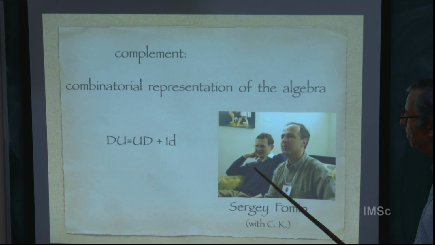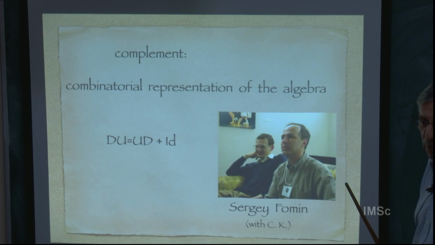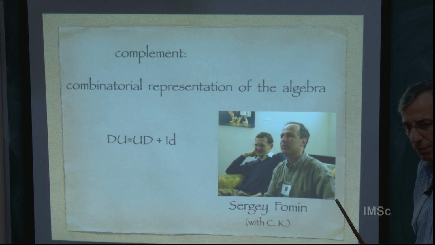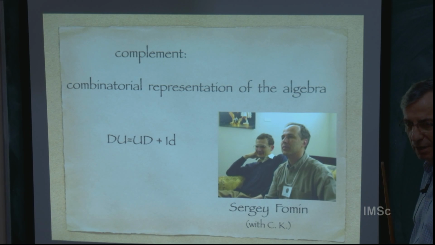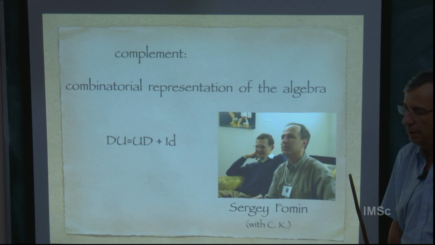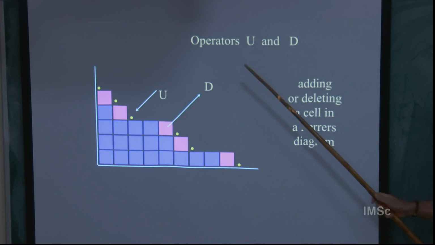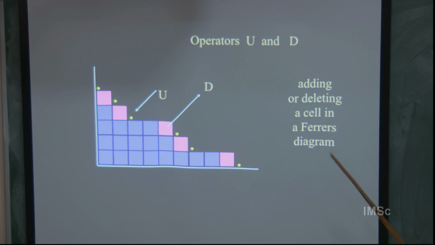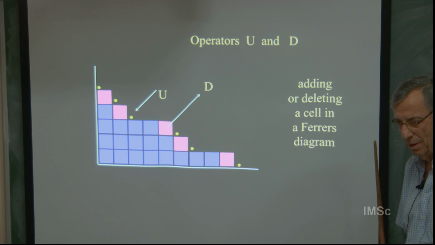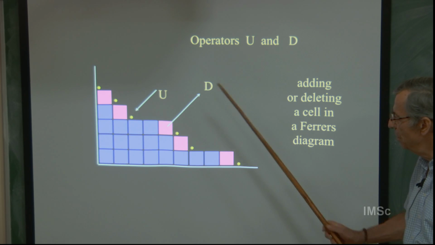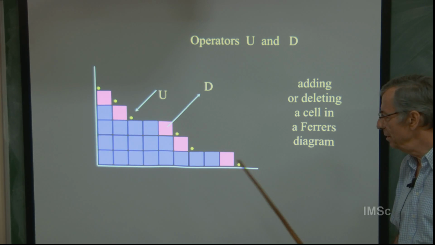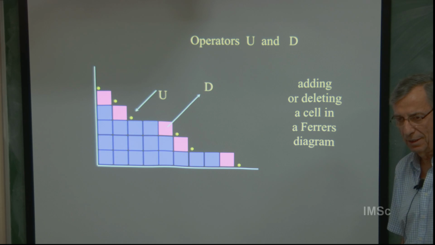So there is this algebra, and it's possible to give a combinatorial representation of the algebra, a faithful representation, using combinatorial means. The operators U and D are going to be operators acting on the Ferrers diagram. U adds a cell at any level, and D deletes one of the cells at any level.